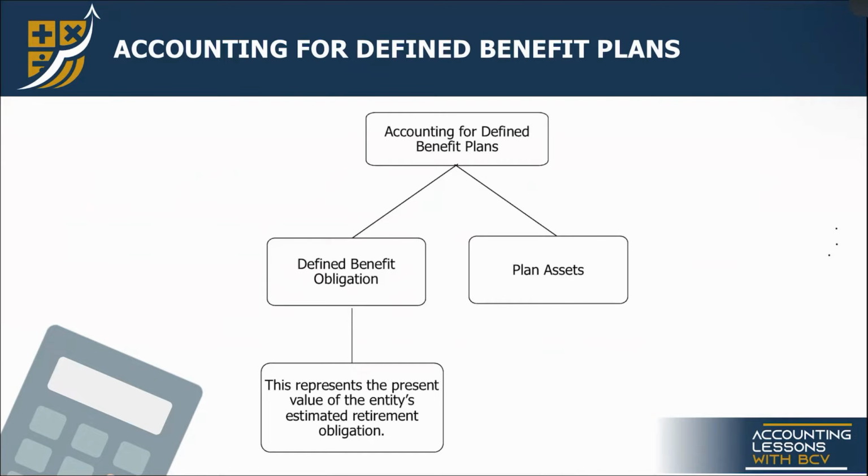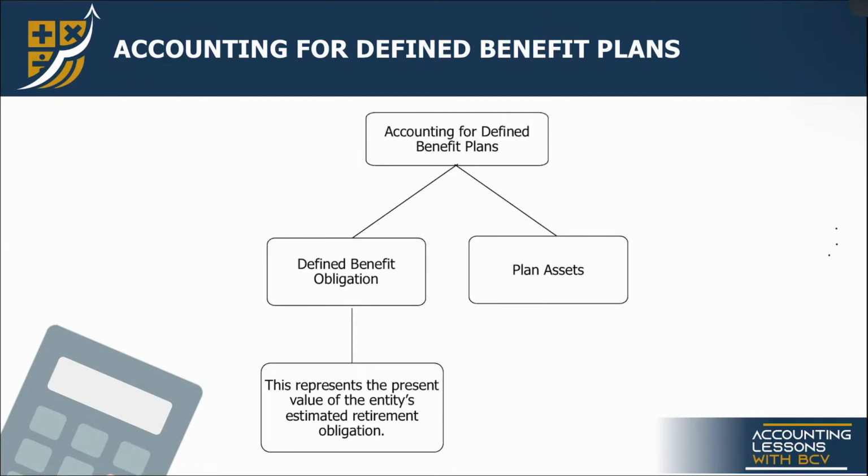Kapag may mga employees kasi si employer, obligado si employer na magtabi ng certain amount of cash or financial resources para ipambayad sa mga employees once they retire. Required din ito ng batas dito sa Pilipinas na dapat sa employer may itinatabing funds for the retirement benefits of its employees. So that's for defined benefit obligation.